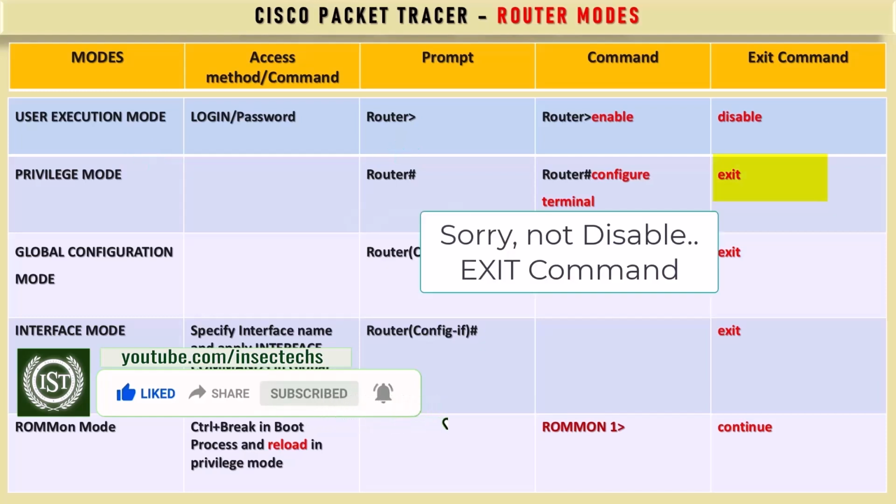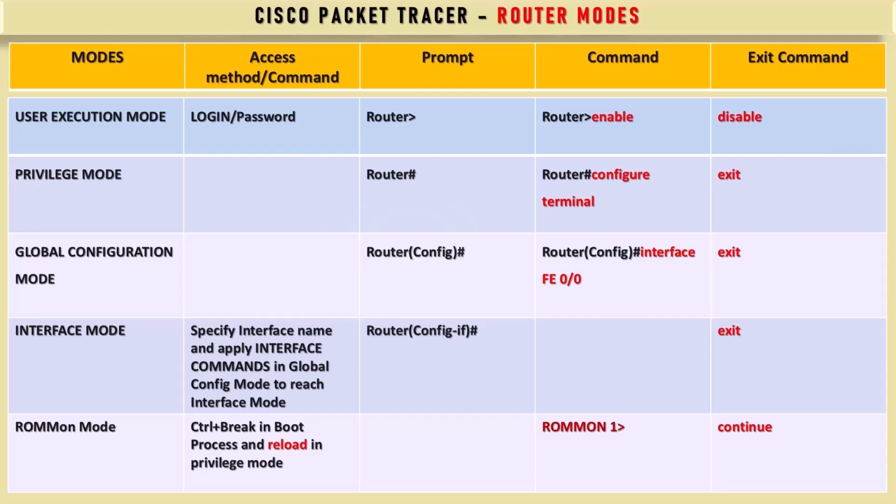When you are in privilege mode and you type configure terminal, you will reach global configuration mode, and in global configuration mode the prompt will change to router, in brackets config, and hash. So it means that you are in global configuration mode, and the commands that you use in this mode will affect the running configuration of the router.